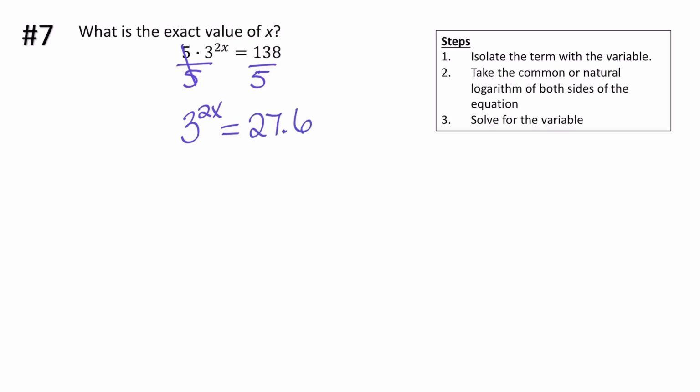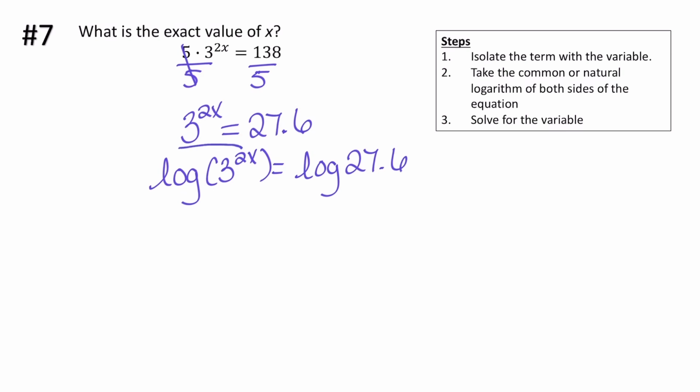So now in order to get that exponent down, I need to take the log of both sides. So I have the log of 3 to the 2x equals the log of 27.6. Okay, so I'm going to use the power rule now to bring that 2x down in front. So I have 2x log of 3 equals the log of 27.6.